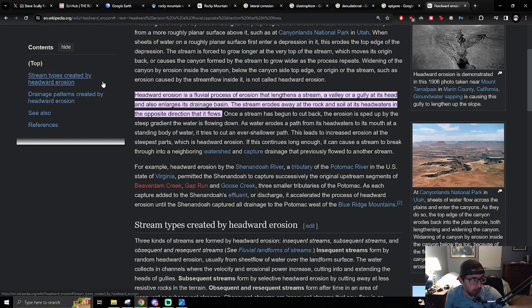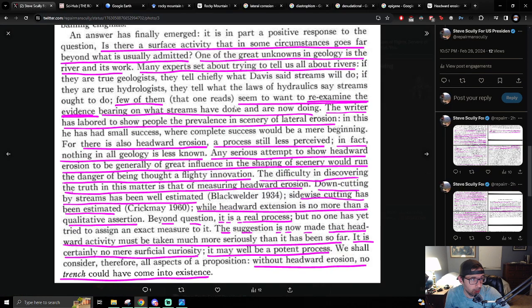It lengthens a stream, so at the front of the current pretty much. A process still less perceived. In fact, nothing in all geology is less known. Any serious attempt to show headward erosion to be generally of great influence in the shaping of scenery would run the danger of being thought a flighty innovation.